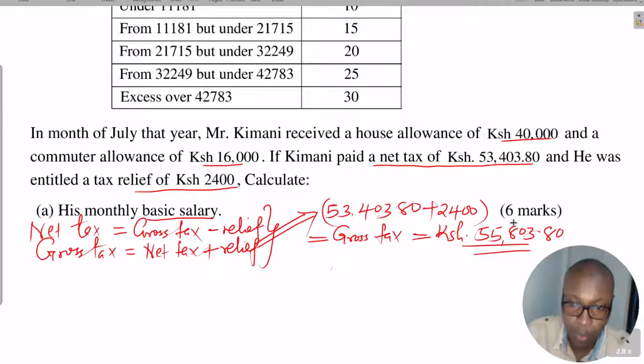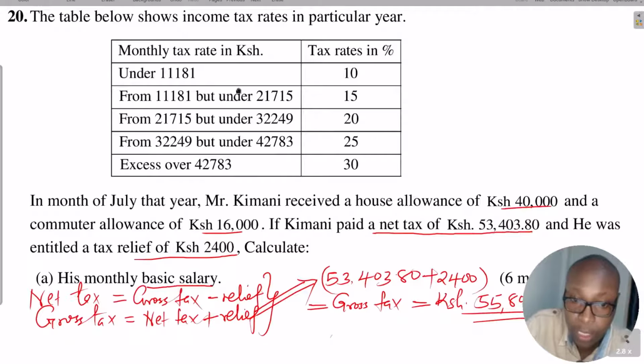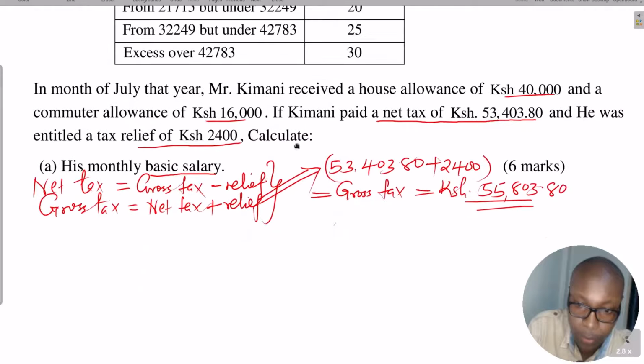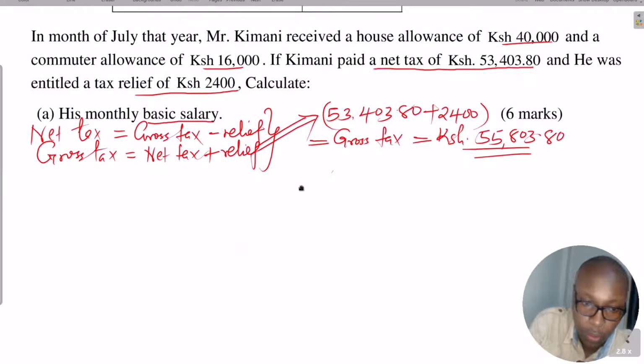Now we're moving backwards. How do we get the gross tax? We get the gross tax after taxation using the bands that are given here. So let's see how this gross tax was arrived at. We go to the first band. The first band is under 11,181.